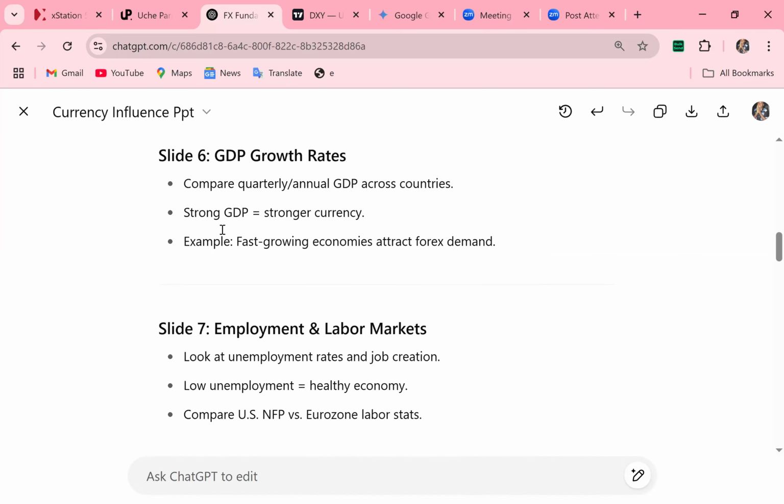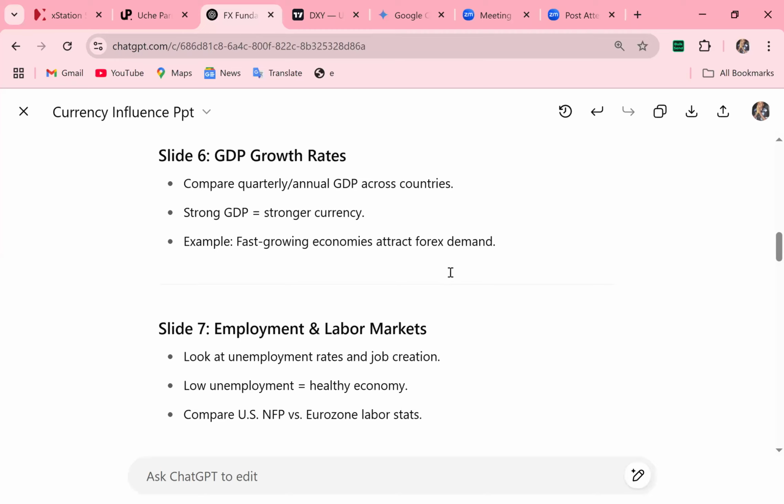Now look at the example. Of course, you know that strong GDP can make a currency strong. So let's say you want to trade euro and dollar. You can ask, what is the GDP growth of the euro, and what is the GDP growth or strength of the dollar? Similar thing when you are trading Chinese yuan and US dollar.